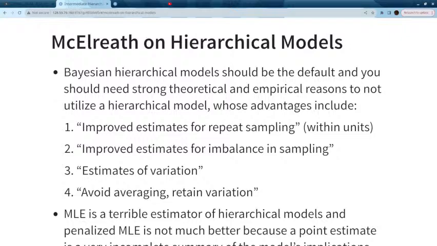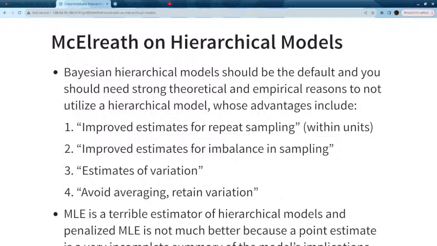You get better estimates when some part of your sample is overrepresented and another part of your sample is underrepresented. You get estimates of uncertainty or variation from MCMC, and you avoid premature averaging. And so you can propagate your uncertainty about the parameters through to the quantities of interest, through to the predictions, etc.